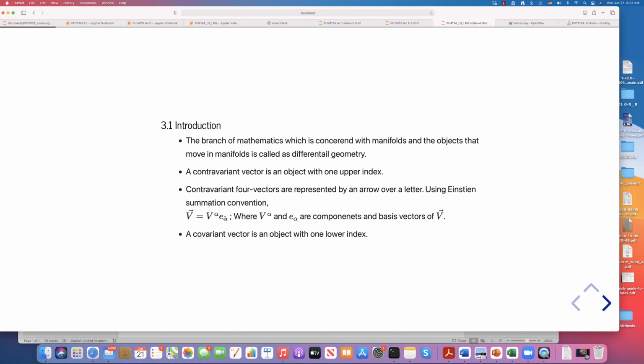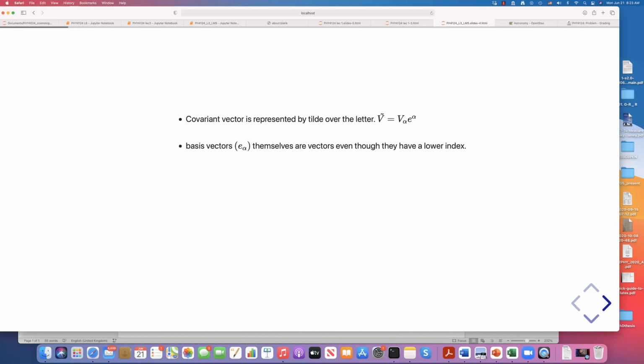However, for the basis vector, you write it with a lower index, right?